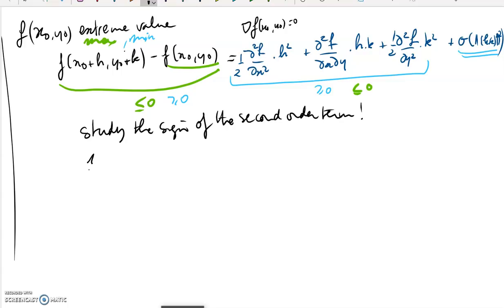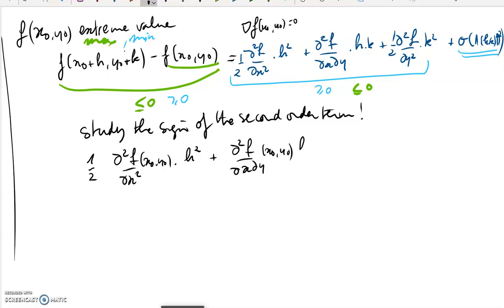We have to study this thing: 1 over 2 d2f dx squared at x0, y0 times h squared plus d2f dx dy at x0, y0 times h times k plus 1/2 d2f dy square at x0, y0 times k square. So we want to study the sign of this thing. What are we going to do? We're going to divide everything by k square, assuming k is different from 0.